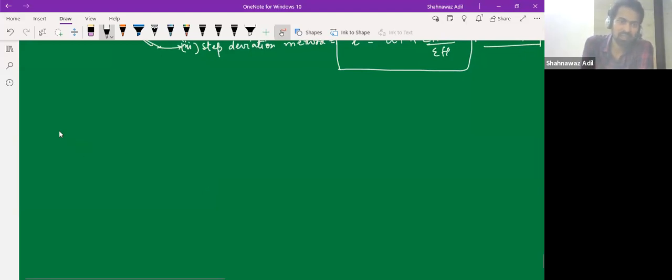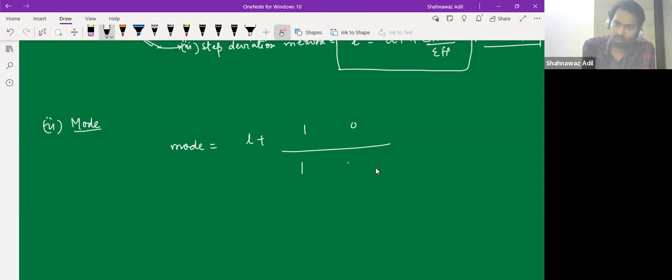Okay, and then what did we learn? We learned about the mode of the data. So how did we calculate the mode? Mode was l plus (f1 minus f0) divided by (2f1 minus f0 minus f2) into h.